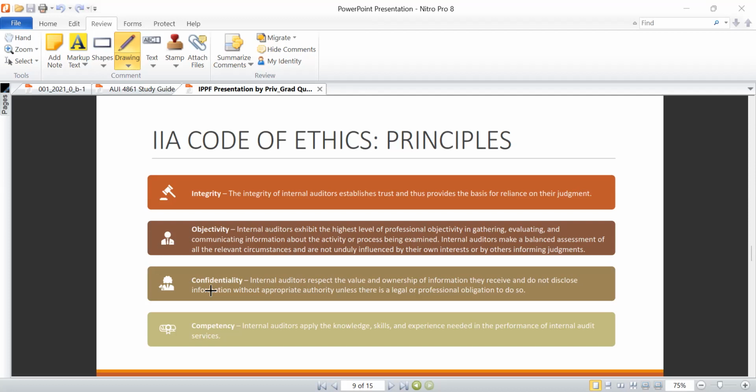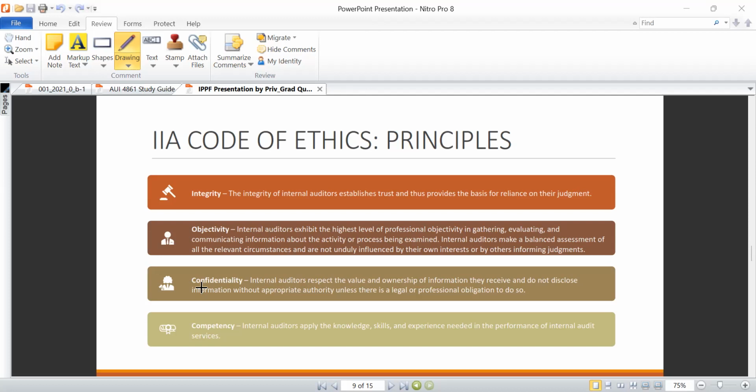They need to be skilled in the subject area they're going to audit. And number three, they should only accept audit assignments they have the relevant experience for. So we are really talking about the skill set, the knowledge set, and the experience requirement. Very important. These are your four important principles of the IIA Code of Ethics.